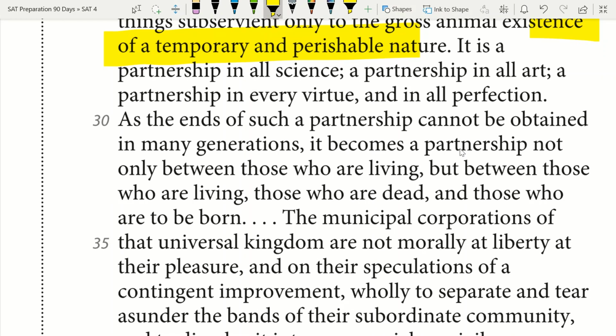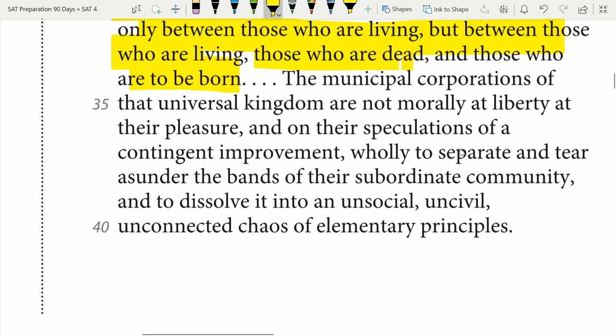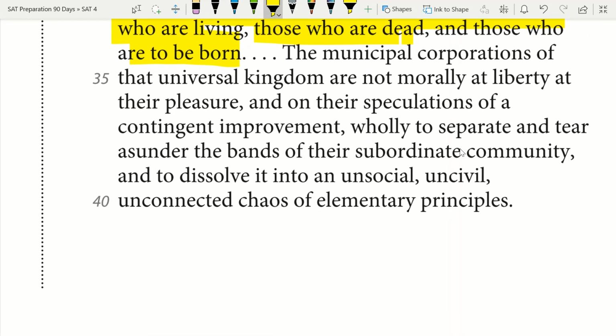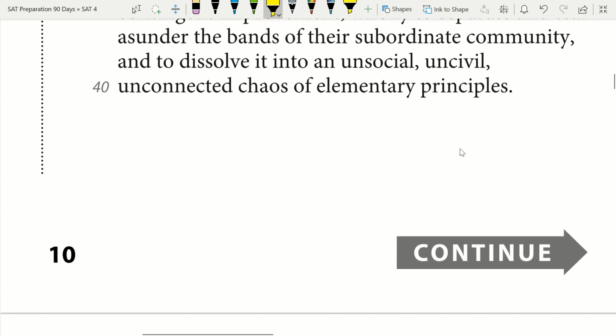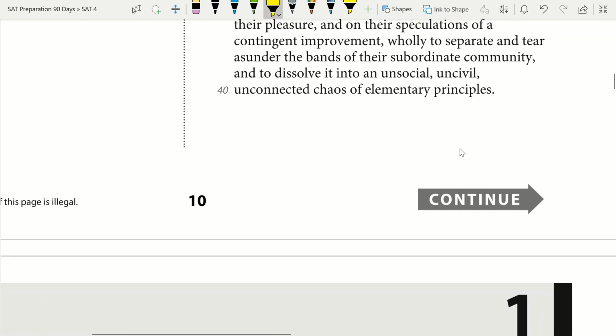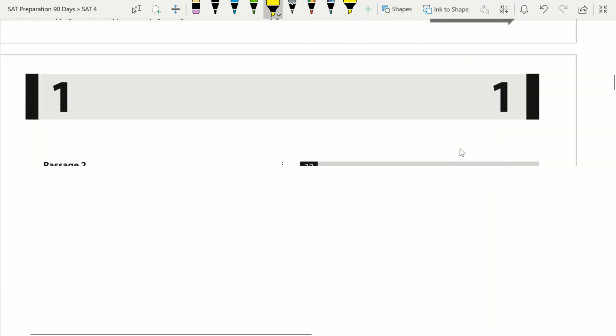As the end of such a partnership cannot be obtained in many generations, it becomes a partnership not only between those who are living, but between those who are living, those who are dead, and those who are to be born. The municipal corporations of the universal kingdom are not morally at liberty, at their pleasure, and on their speculations of a contingent improvement, wholly to separate and tear asunder the bands of their subordinate community, and to dissolve it into an unsocial, uncivil, unconnected chaos of elementary principles. All right, so that's the end of passage 1.